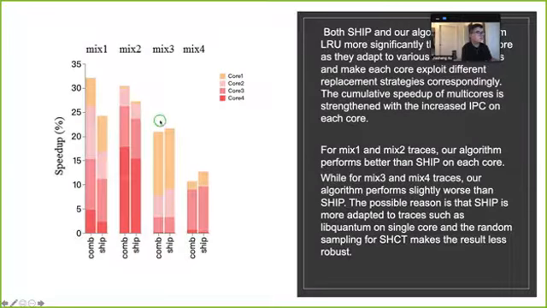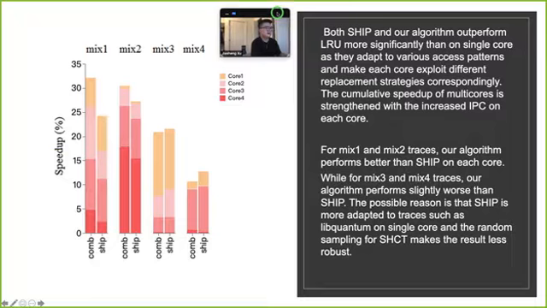And for the next graph, let me move here. Okay, there's another graph with 4 mixes. For the first 2 mixes, our algorithm has better performance than SHiP on each core.